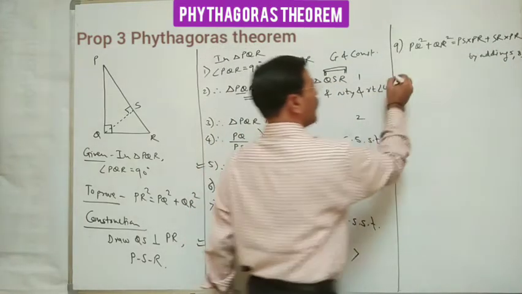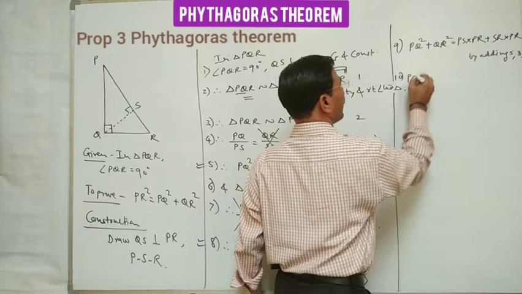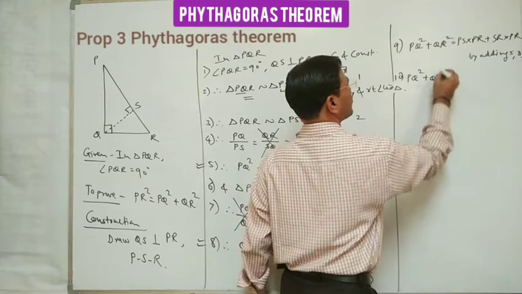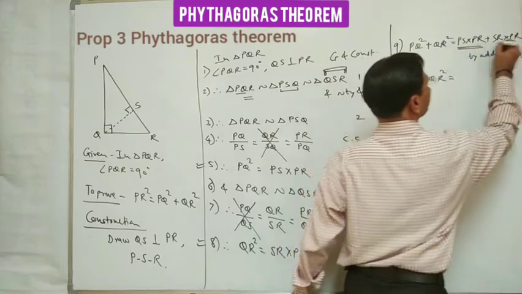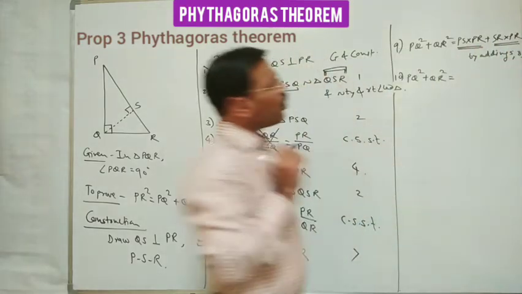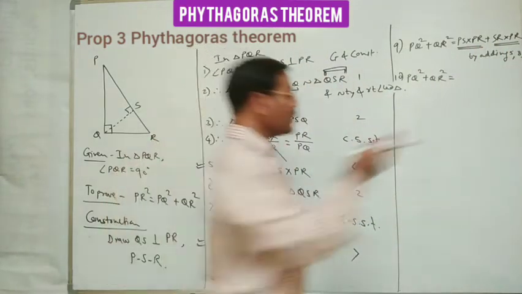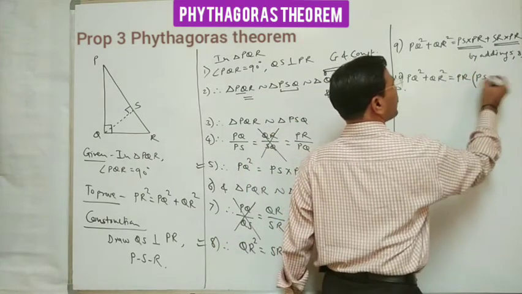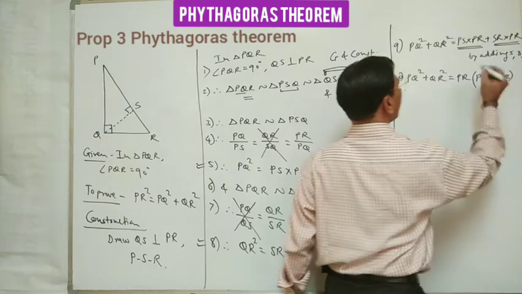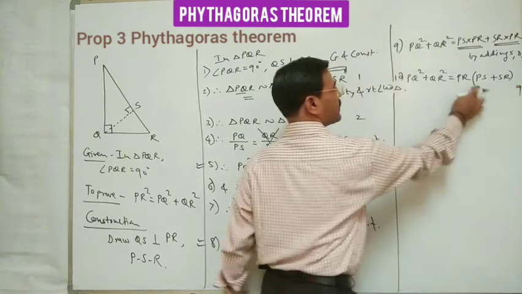Now I'll keep this one as it is. Only look here, these are the two parts. In both the parts PR is there, so I'll take PR common. What remains? PS plus SR. This is from the ninth step.